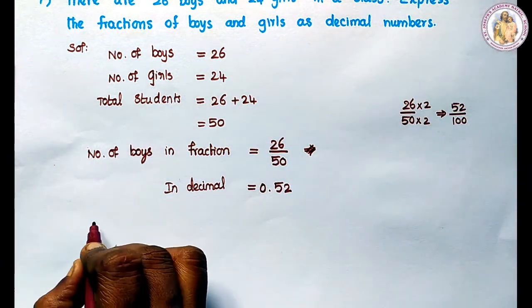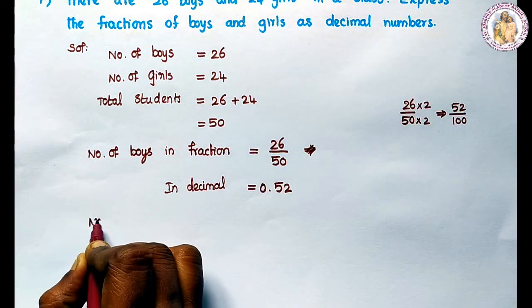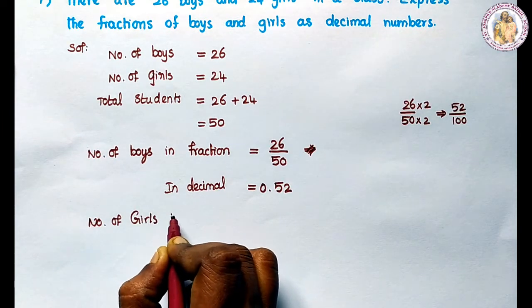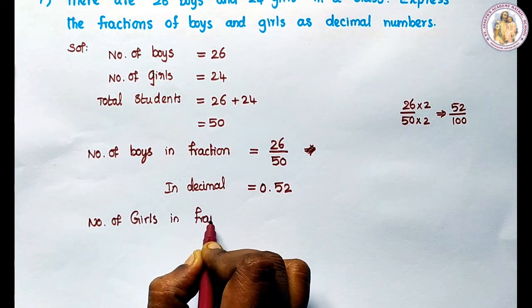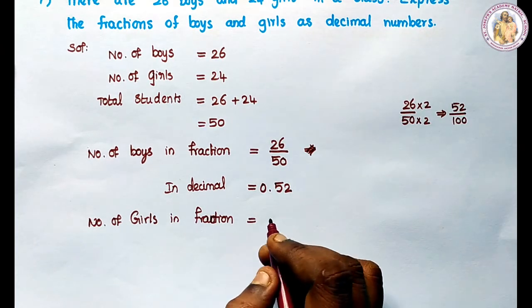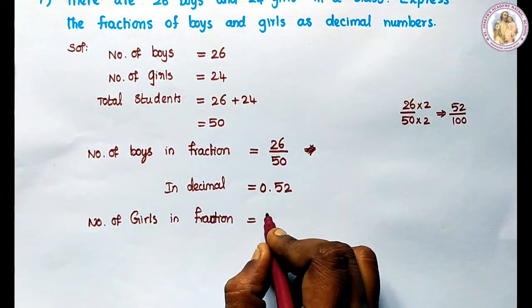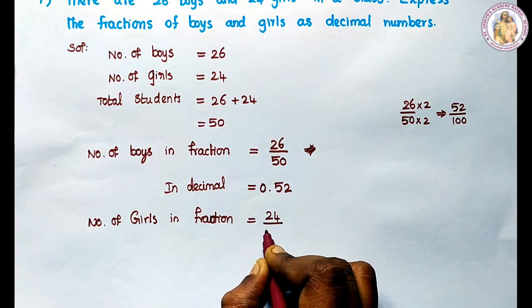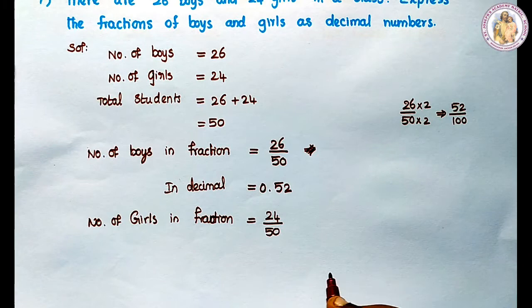Next one. Now number of girls in fraction. Same procedure. Number of girls is 24 out of 50.